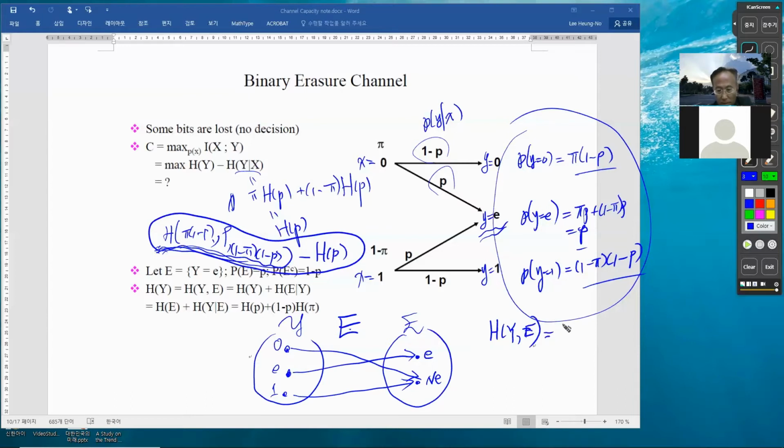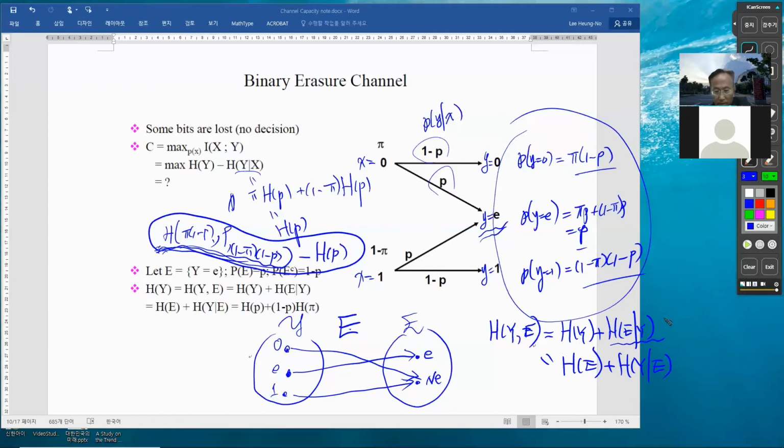That can be decomposed into h of y plus h of e given y, right? That can also be decomposed into h of e plus h of y given e, by the definition of joint entropy.